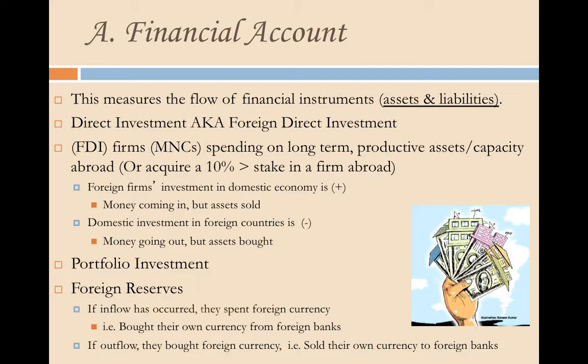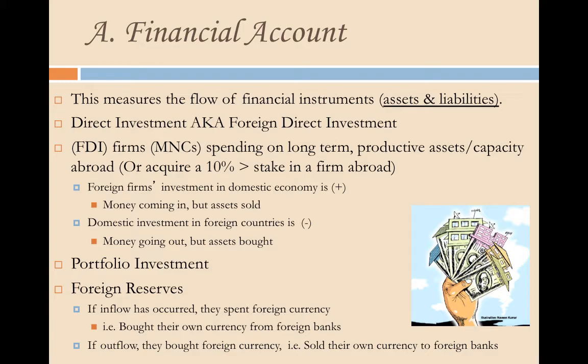The final element of the financial account is foreign reserves. Foreign reserves are basically foreign currency that is held by the central bank. And the central bank buys and sells foreign currency and their own currency all the time, and it can lead to money flowing in and out of a country.